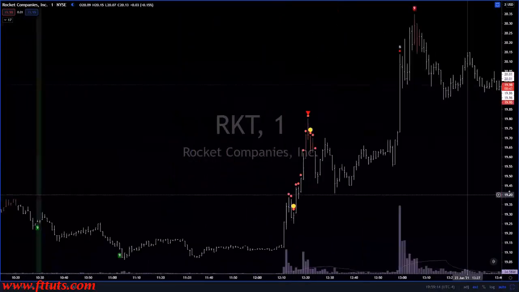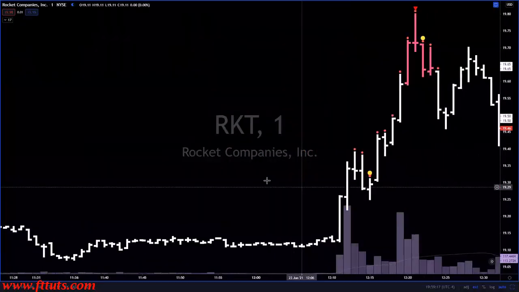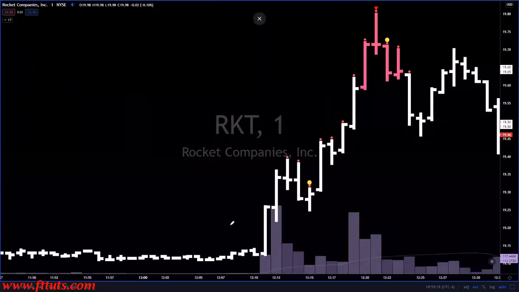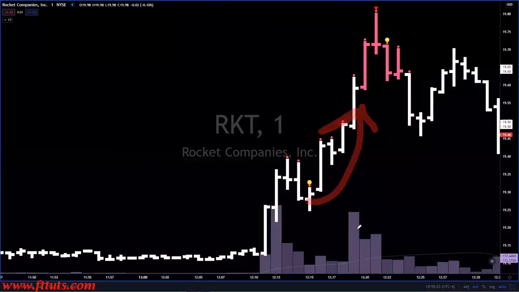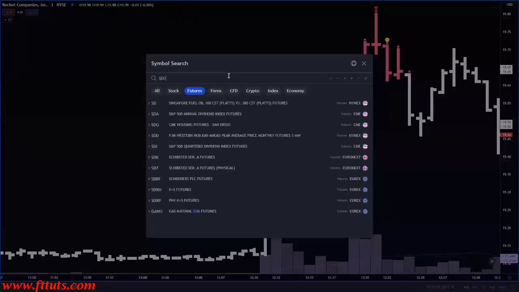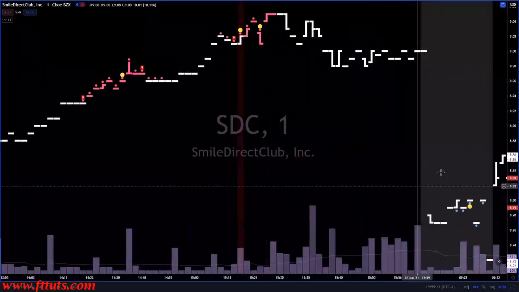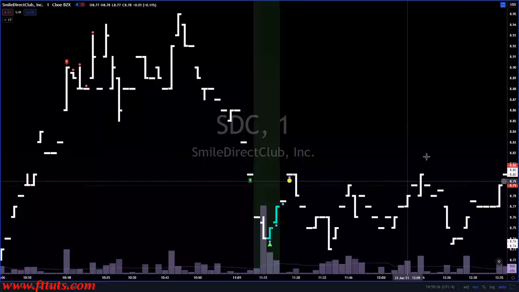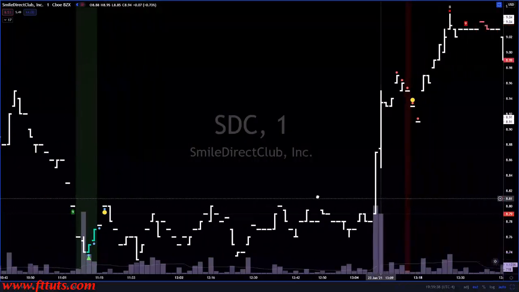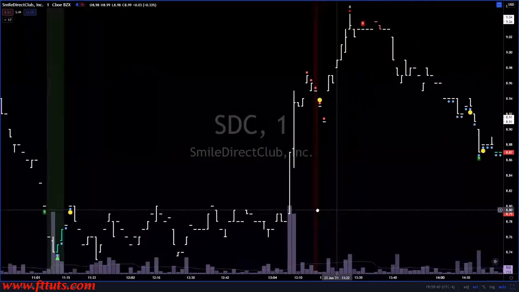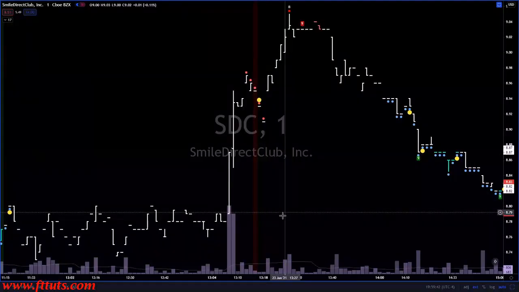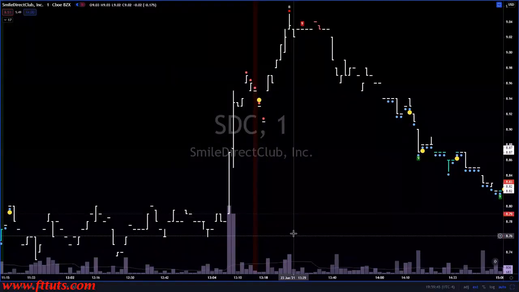This is what RKT looked like after that batch of action came in. Pop, little breather, TM. Pretty obvious. Okay? SDC, it was easy to come to the conclusion at some point in this drip that no more action was coming in, and it was time to pull the plug.